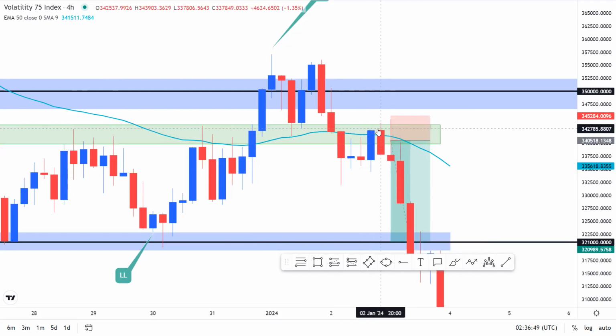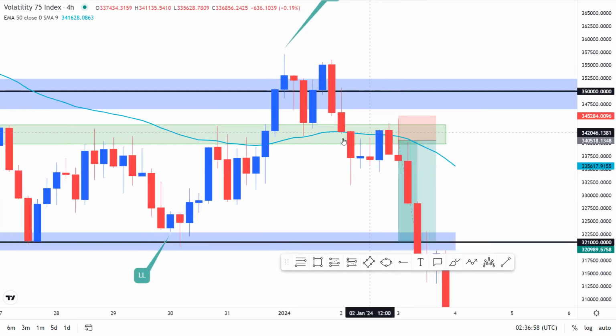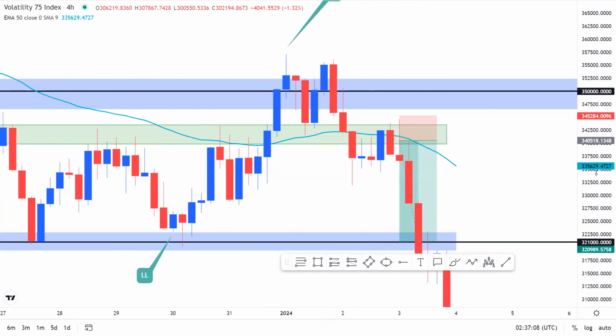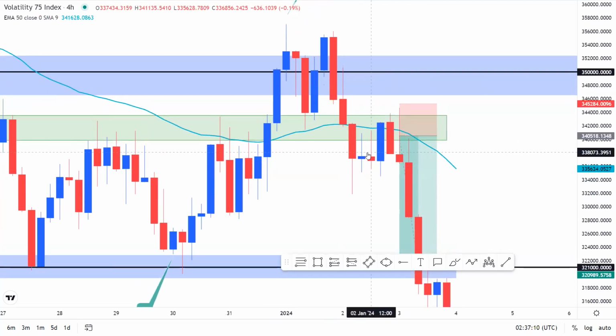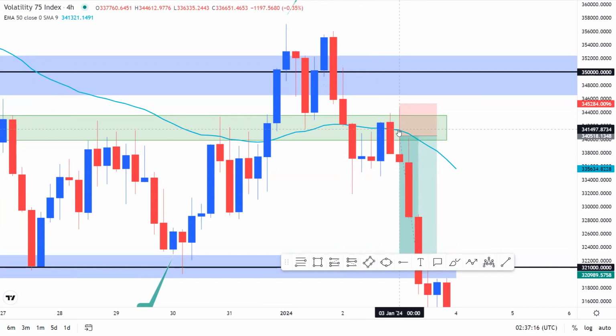right at the very neckline of the 4-hourly time frame double tops, expected in this case to act as a dynamic resistance. So we had what? The neckline of the 4-hourly time frame double tops acting as a resistance, also in confluence with the fact that the 50 exponential moving average is present at the level, in this case also expected to act as a dynamic resistance.